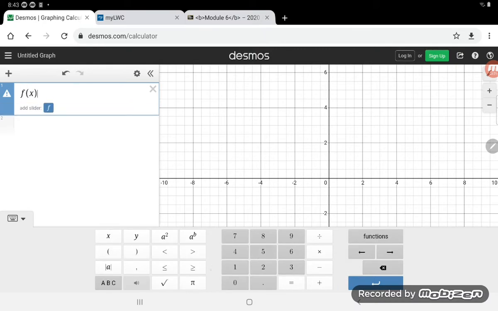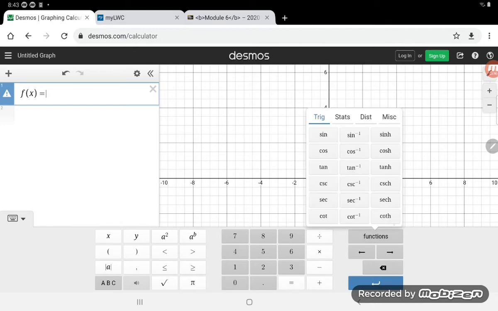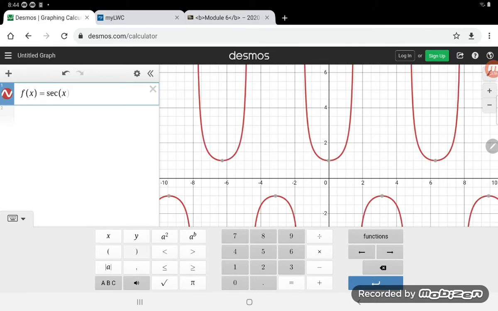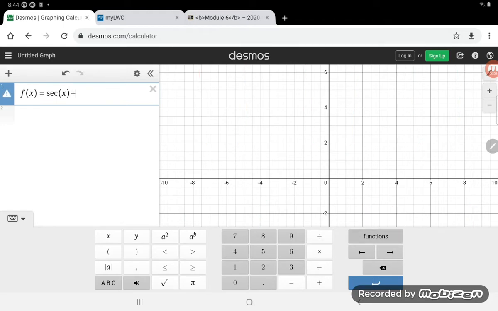So f of x is equal to, now I'm not going to use the absolute values because I'd like to know where it's positive and negative, and then I could always do the absolute values if I wish. But that was secant x plus tangent x. So I can go to my functions here and do a secant x and then plus tangent x.